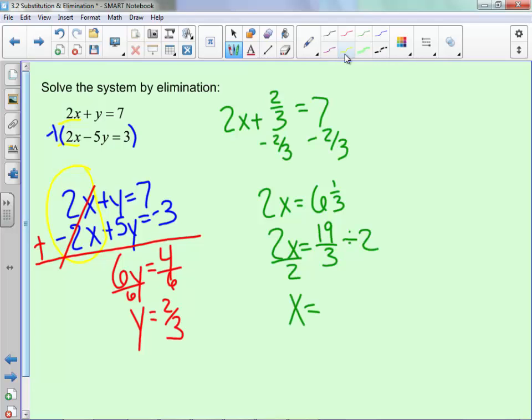Remember when we divide by 2, that's the same thing as multiplying by a half. So we'll get 19 over 6. So we'll get our answer. But once again, let's check it before we circle.